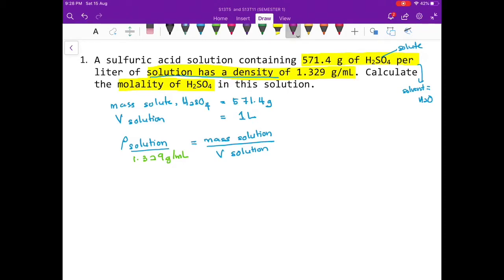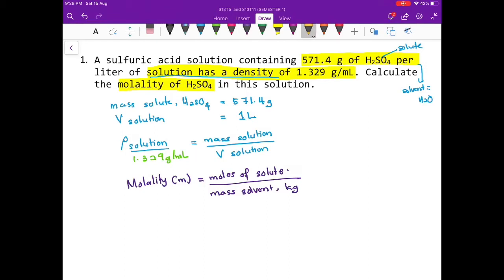And we want to calculate the molality. What is the formula for molality? Molality is the mole of solute divided by the mass of solvent. What is our solvent? Water, in kg.